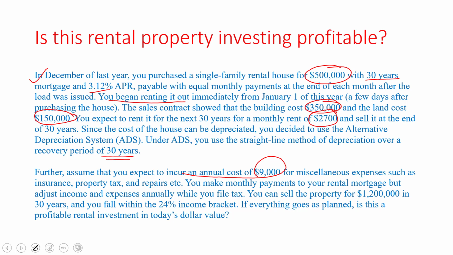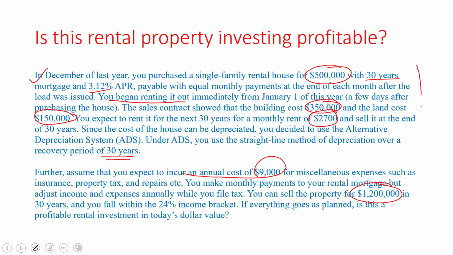You can sell the property for $1.2 million in 30 years and you fall within the 24% income bracket. If everything goes as planned, is this a profitable rental investment in today's dollar value?